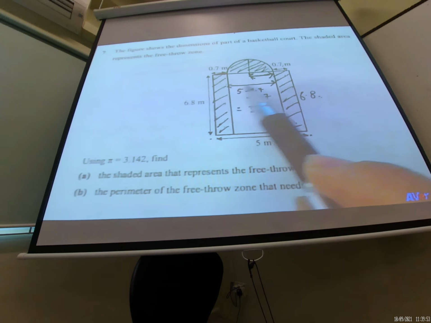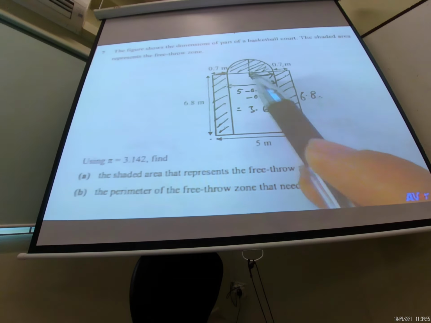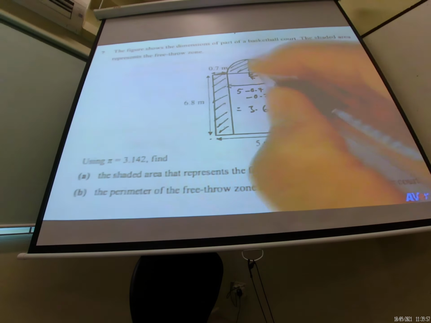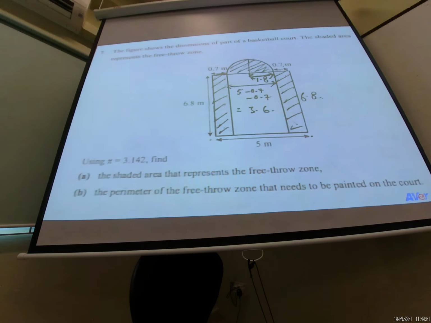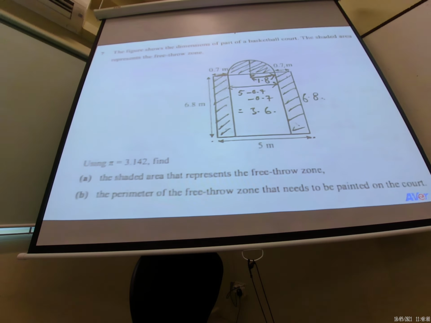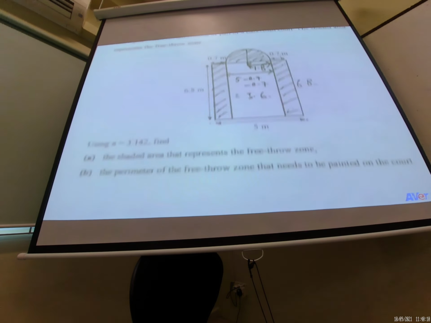If here is 3.6, the radius is half of 3.6, means it is 1.8. The radius of the semicircle is 1.8. Okay, then to find the shaded area.